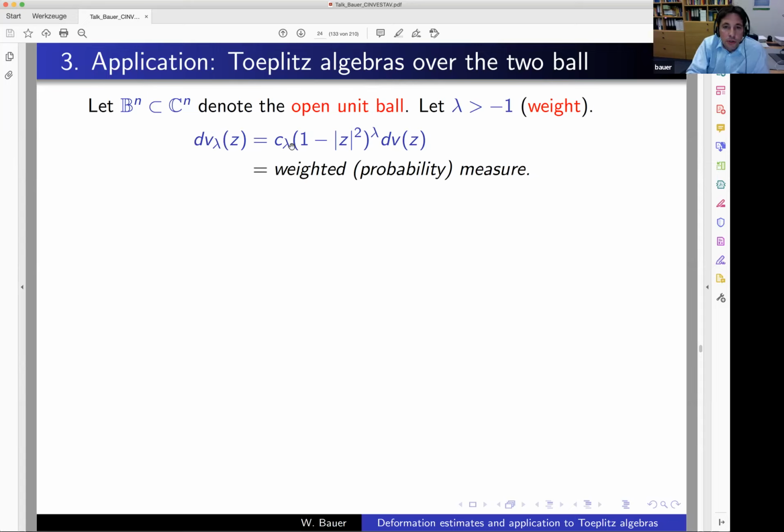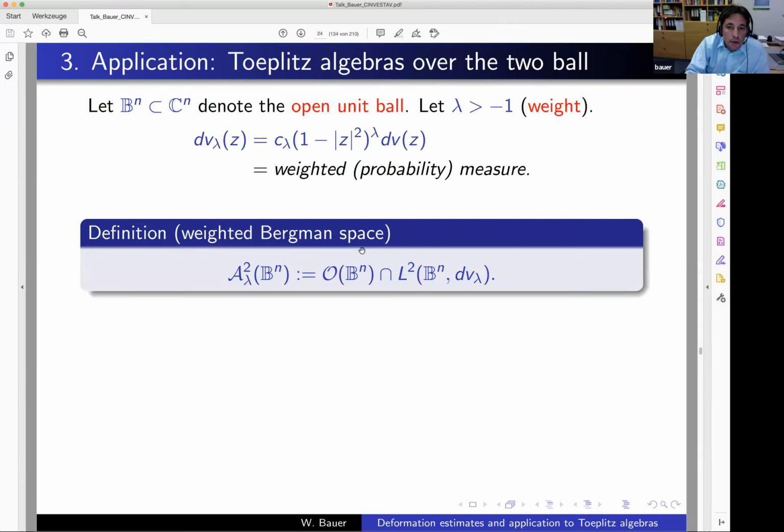These are the standard weighted measures where the weight is 1 minus the absolute value of z squared, to the power lambda. This is the Lebesgue measure, and the constant C_lambda is some constant which you can write precisely if you want with the help of the gamma function, but it's not important here. It's just a constant which makes this a weighted probability measure.